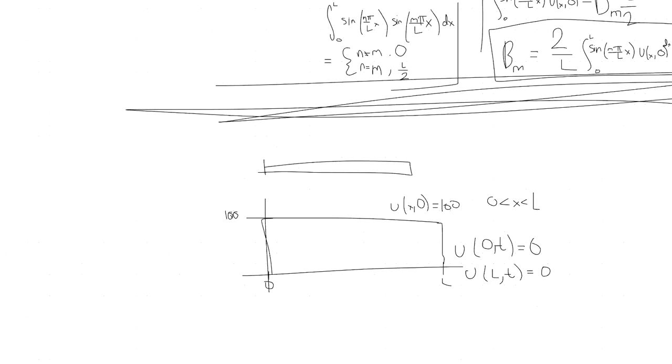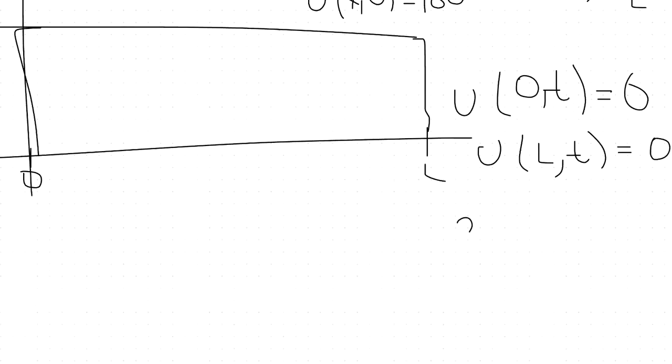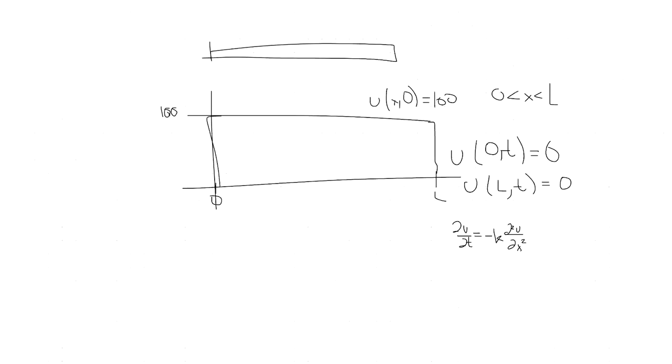And again, we know our heat equation is partial u over partial t equals minus k partial squared u over partial x squared. Now, we can solve this equation.